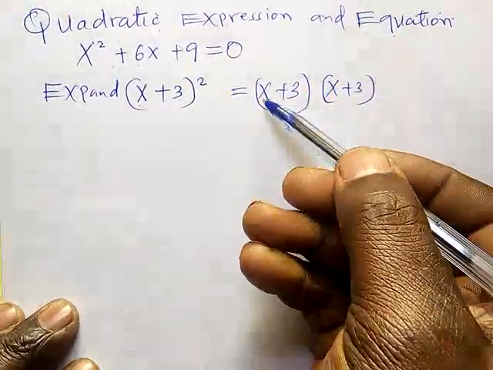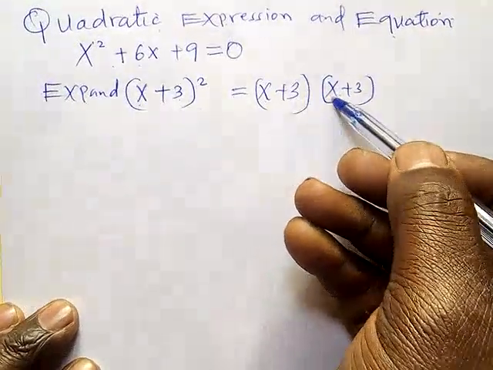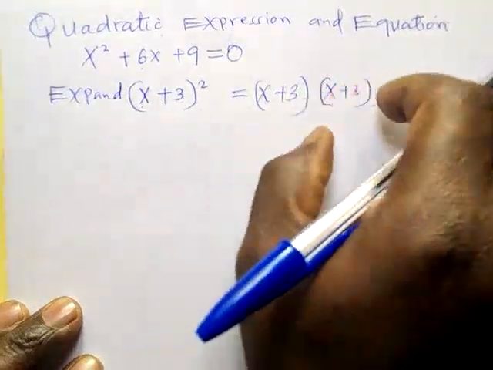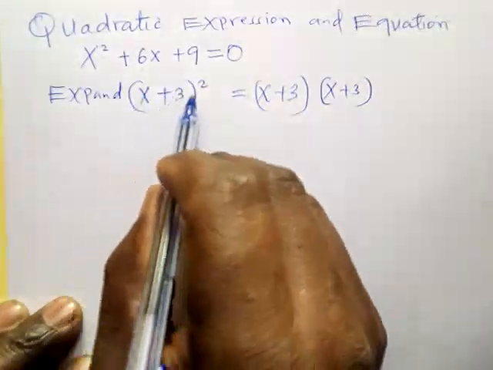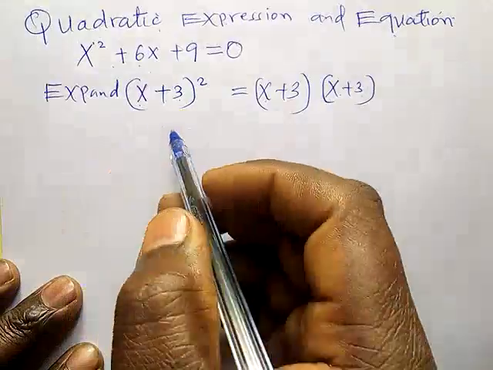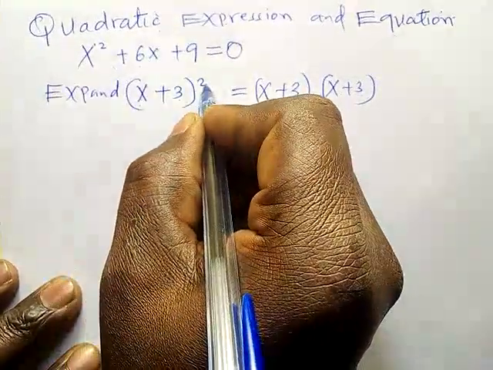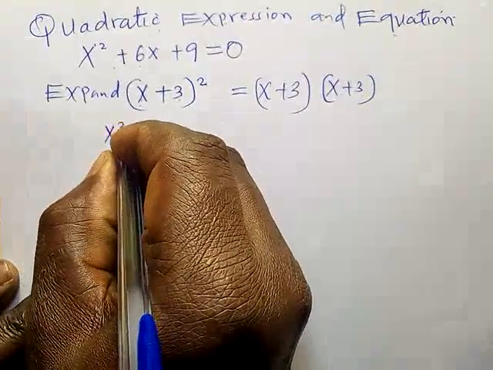So we manually multiply this times this, this times this, this times this, and this times this. Instead of going there, I want to show you how to do it by looking at it. So the first thing, x is squared, so you write x squared.